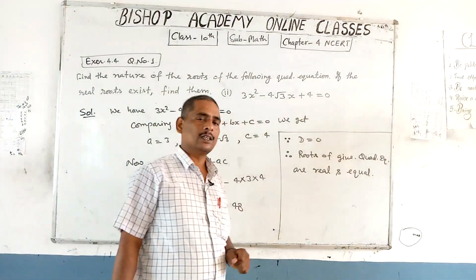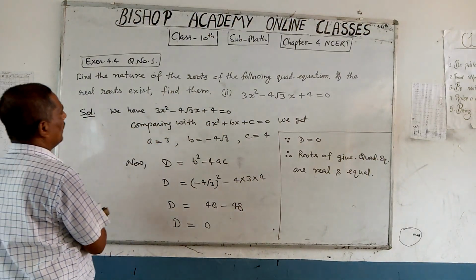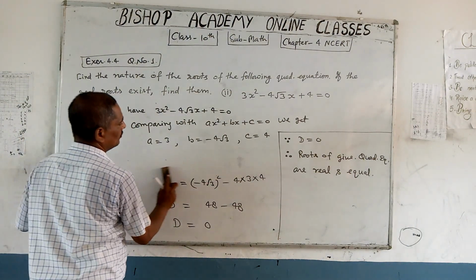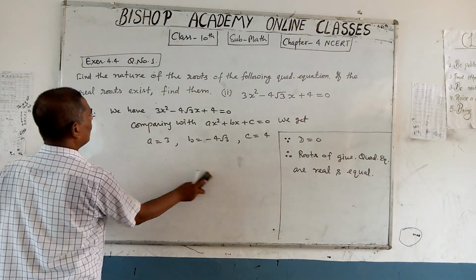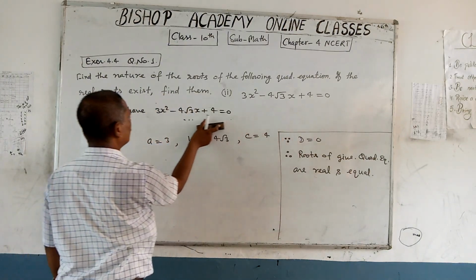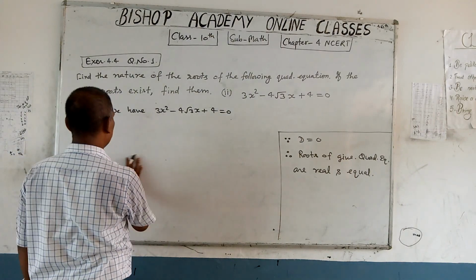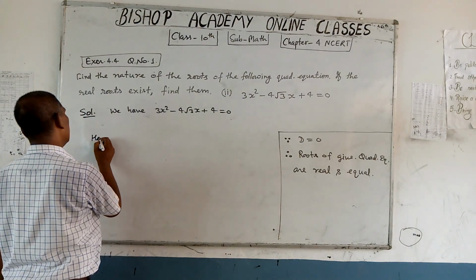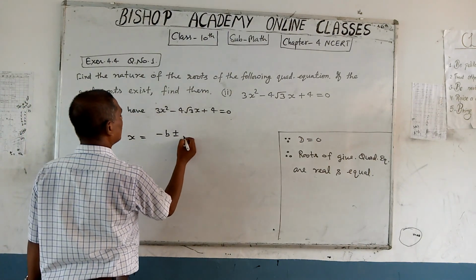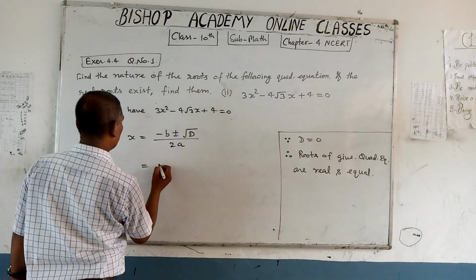So let us find the roots now by using the quadratic formula. Hence, x is equal to minus b plus minus under root D upon 2a.